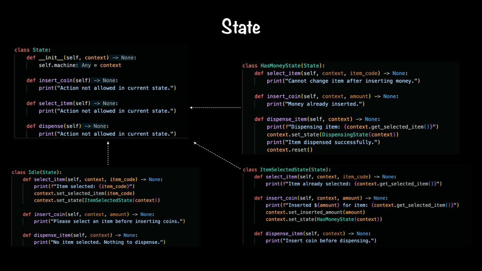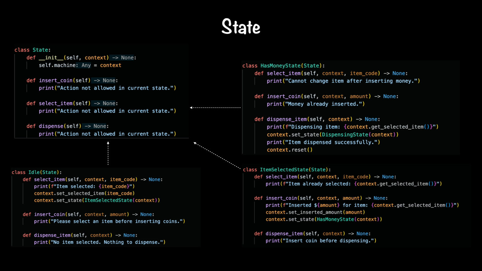Let's think of a simulation to get a better understanding of what is happening here. Now, a customer walks up to the vending machine and first the vending machine will be in idle state. So, he selects an item first. Then the select item method in the context will be triggered.